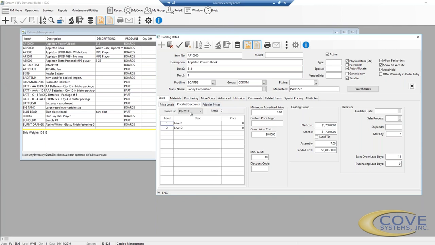Then moving on, you can have separate price lists. Instead of having price levels, you can have multi-year price lists with different pricing. This is for companies where the product's pricing changes on an annual basis.